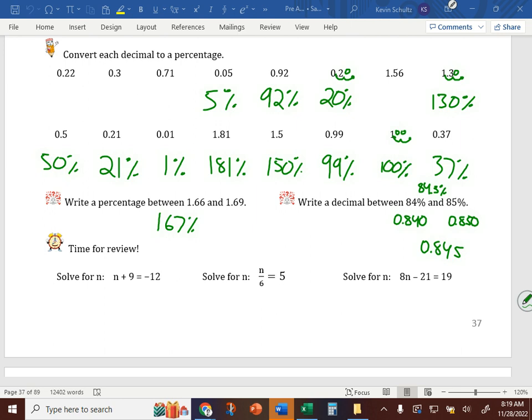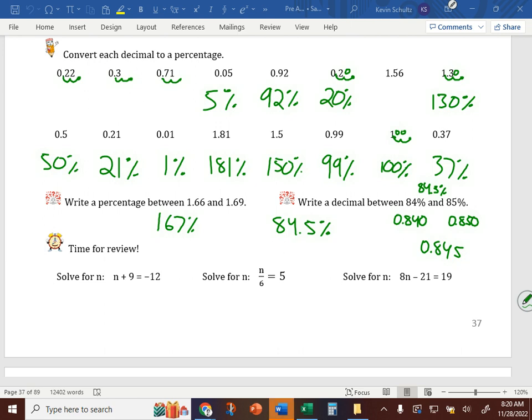Those that said 84.5%, I'll write it bigger here. Okay? Spot on, right? We're going to talk about this in about a minute. When it's written as a percentage, instead of moving our decimal to the right, like we did to convert from a decimal to a percentage, which direction do we move the decimal to convert from a percentage back to a decimal?